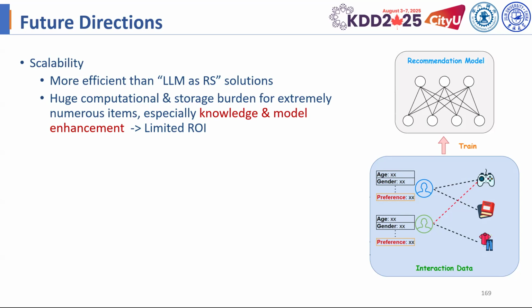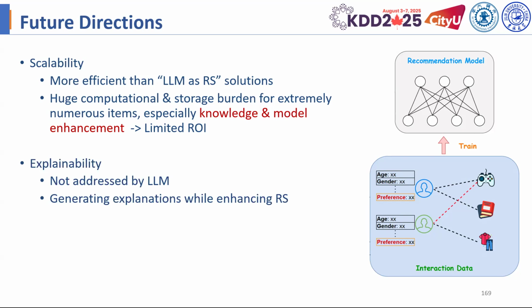It requires lots of computational and storage resources to encode and store item representations with LLMs, which is still impractical compared with traditional RS. In these scenarios, ROI might be limited to deploying LLM ERS. As a result, it is important to develop scalable LLM ERS frameworks.